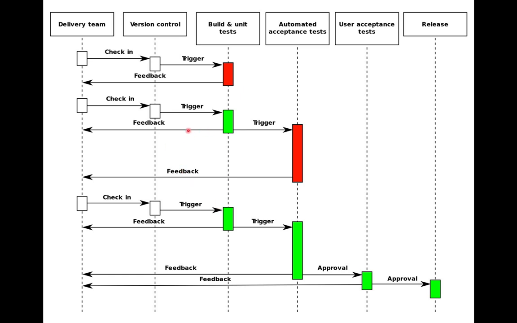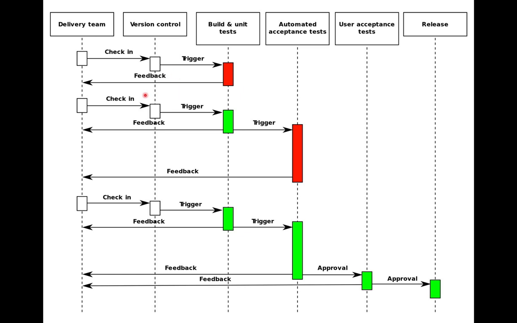So even though this developer's code progressed all the way to the automated acceptance test phase, and they made changes to their code and pushed it back in, this pipeline didn't resume. It did not resume at the automated testing stage. The pipeline effectively started all over again.